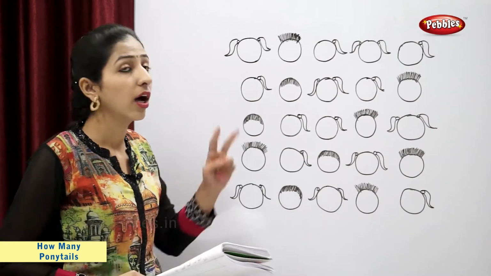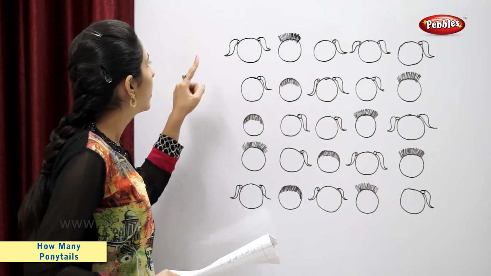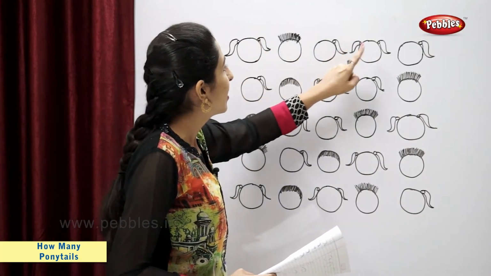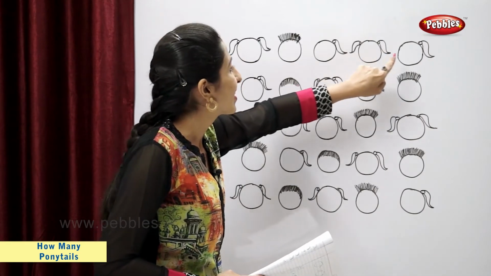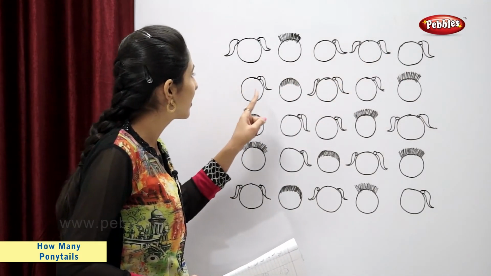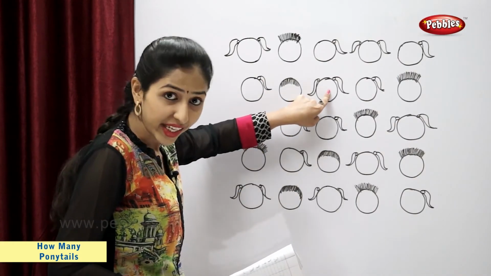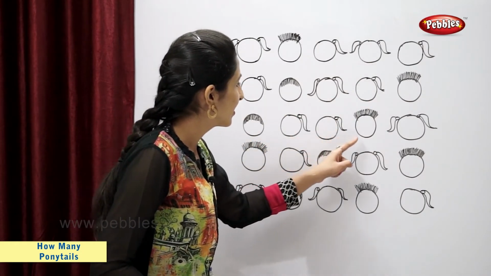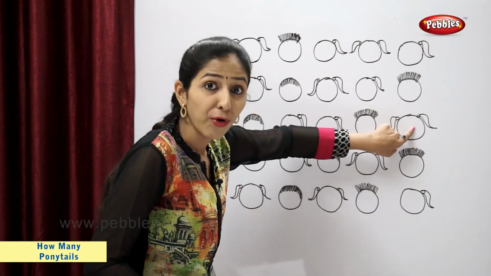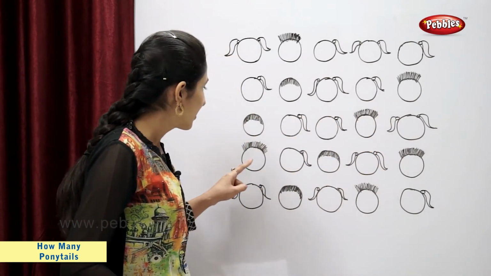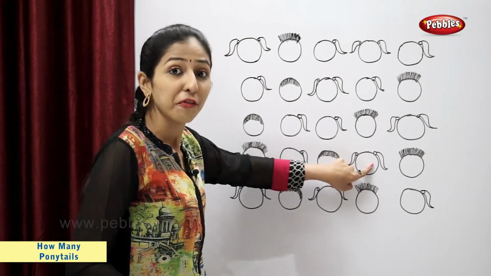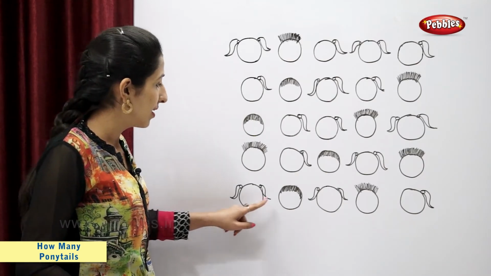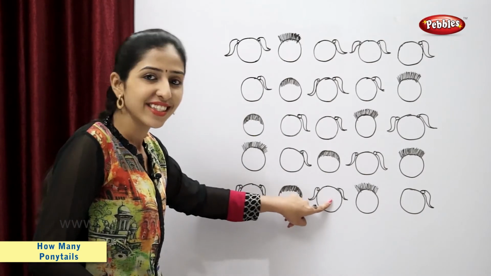Let's count this. 2 ponytails. 1, 2, 3, 4, 5, 6 and 7.